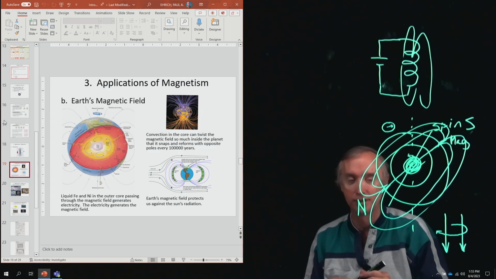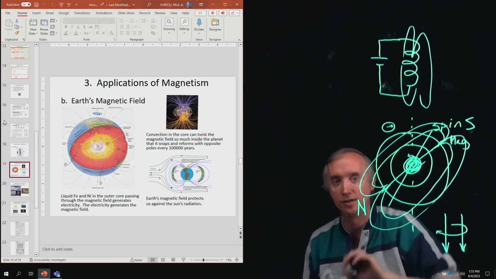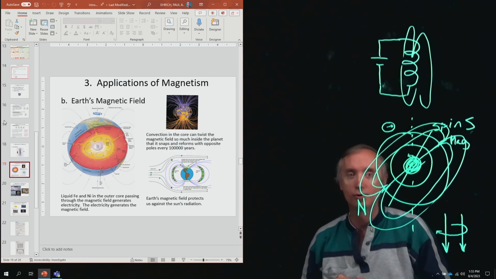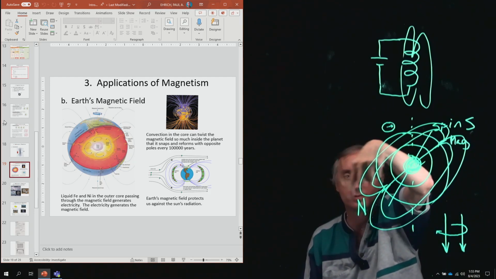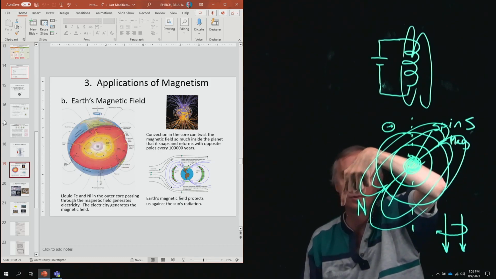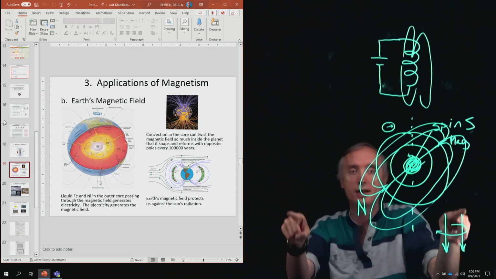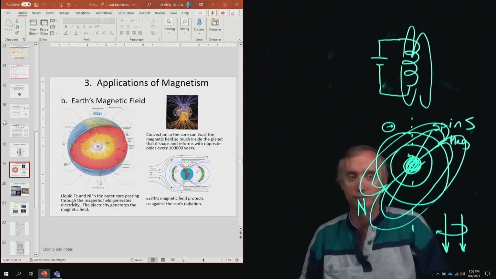Kind of interesting. But if you look at the magnetic field inside the Earth, you see it's all tangled up. And the reason for that is that in addition to materials going around and around because the Earth is rotating, you have materials that are going up and down at the same time because of convection.